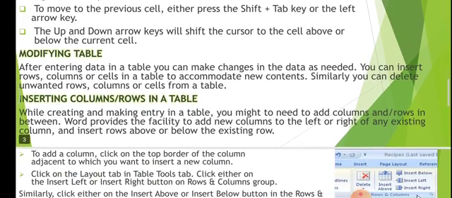Next is modifying a table. After entering data in a table, you can make changes in the data as needed. You can insert rows, columns, or cells in a table to accommodate new contents. Similarly, you can delete unwanted rows, columns, or cells from a table.